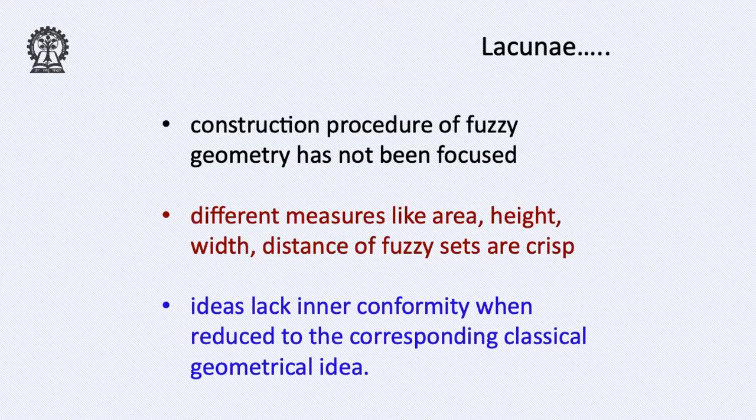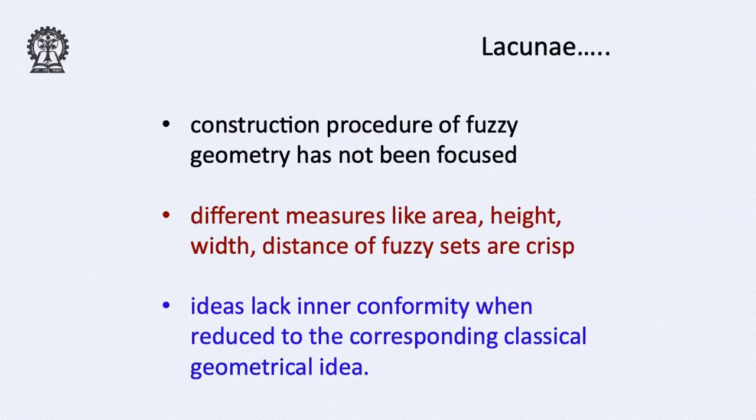Then we connected two points. We declared that a line, a fuzzy line. Then we defined circle, triangle, conics, and found different things, like the cross section of two fuzzy lines, and the perpendicular on a fuzzy line.